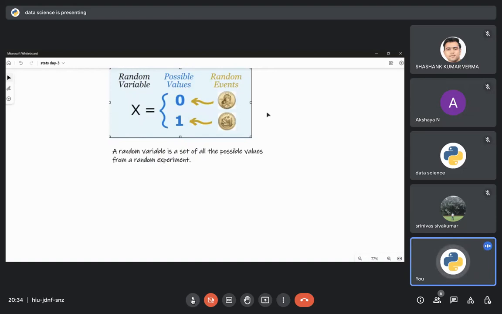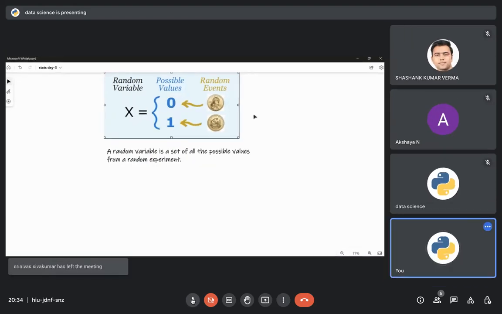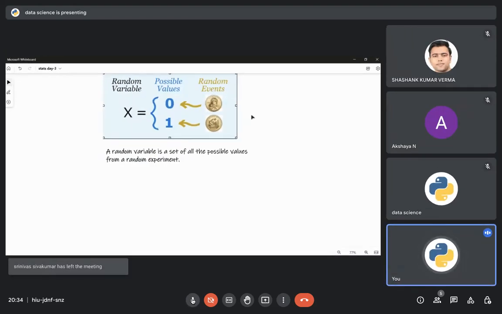Only one thing can happen, and all the events are mutually exclusive, meaning they are not dependent on each other. If one comes, the others will not come. If face 6 comes, then 5, 4, 3, 2, 1 will not occur. This is known as the random experiment.